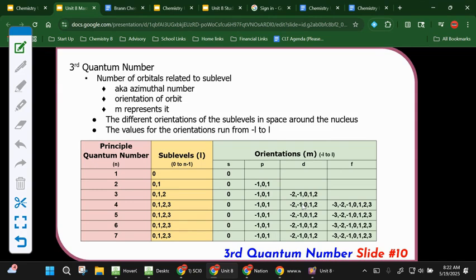Okay? Now, have you ever seen Russian stacking dolls? The doll where when you open it, there's a littler doll inside it, and then a littler doll inside it, and so on and so forth. Well, this is what the S looks like in the first energy level. Small. In the second energy level, you have another S, but it's bigger.